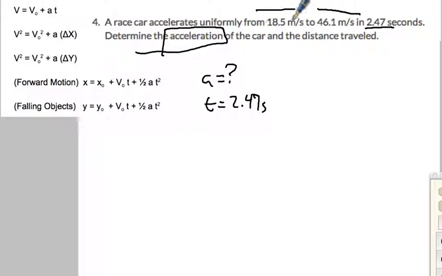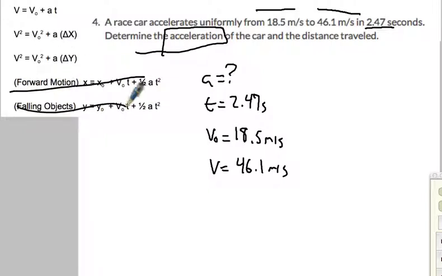We went from this to that. So this is our start. This is our finish. So velocity at time 0 equals 8.5 meters per second. The ending velocity is 46.1 meters per second. And we don't have distance, can't use those, but we can use this one.